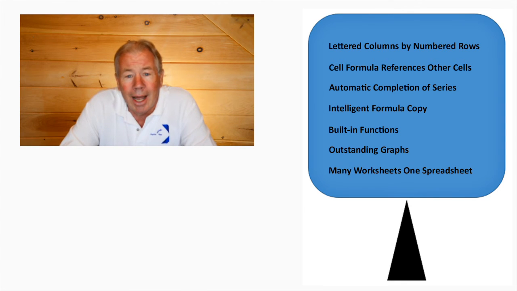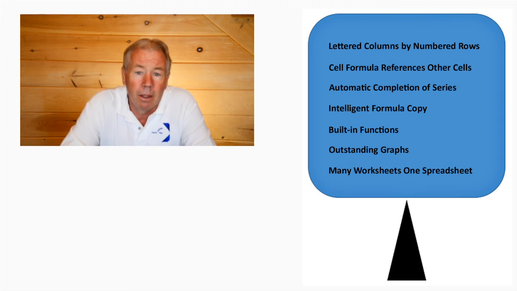Finally, we looked at worksheets and how a spreadsheet can be made up of multiple worksheets and how formulas can actually cross multiple worksheets. The most common use is detailed worksheets, which are summarized on a single summary worksheet. Great way to organize things like budgets and stuff like that.